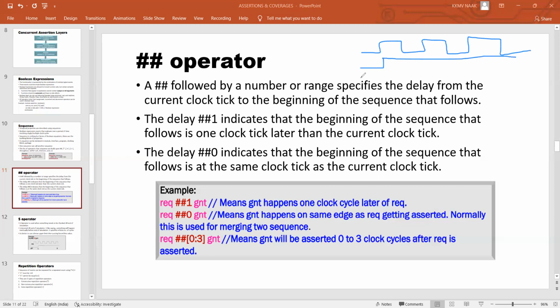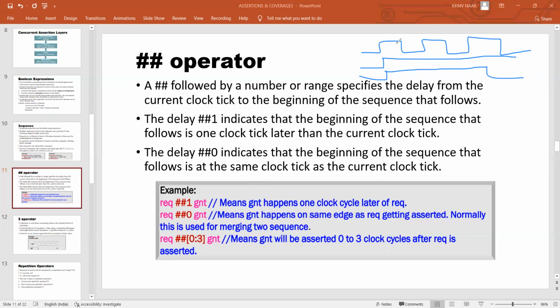For grant we have mentioned double hash 0 as the lower limit, so from double hash 0 to double hash 3 you can go. It means in the same clock cycle, your grant should be high for continuously 3 clock cycles, and only up to that range it should be high. After that, it should go low. After your request is asserted, your grant signal should be high within the range 0 to 3 clock cycles.